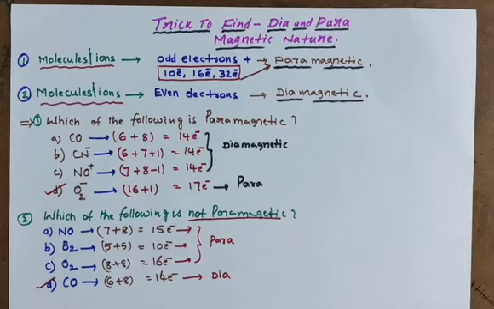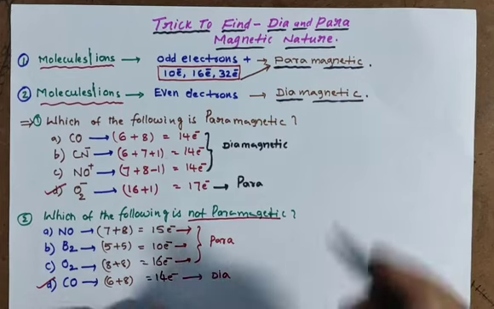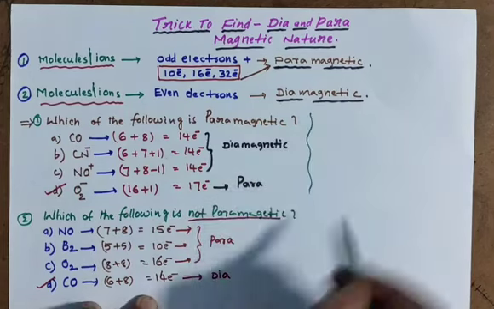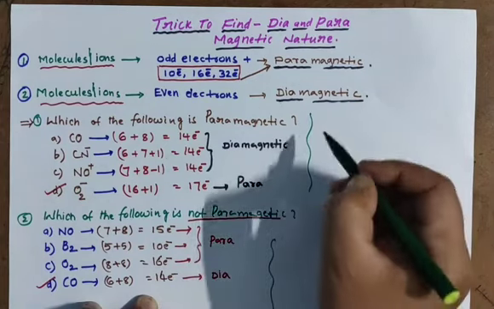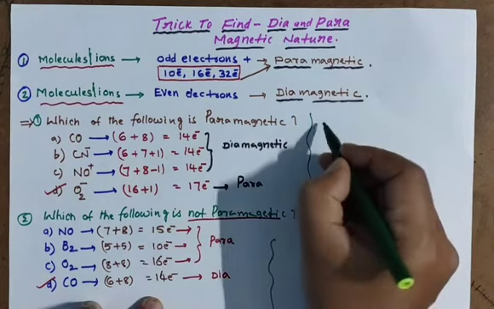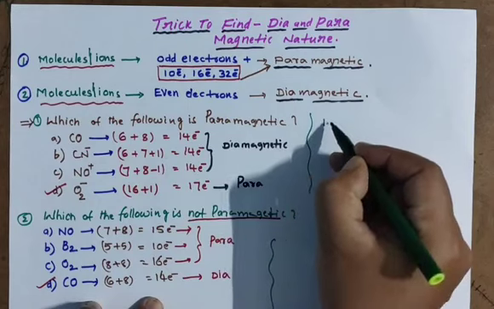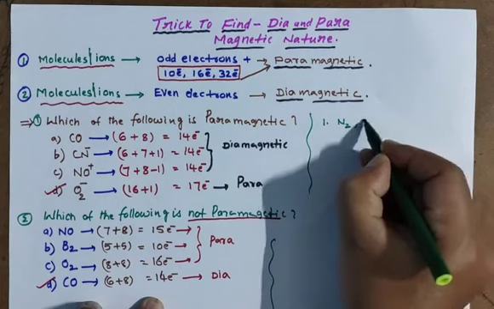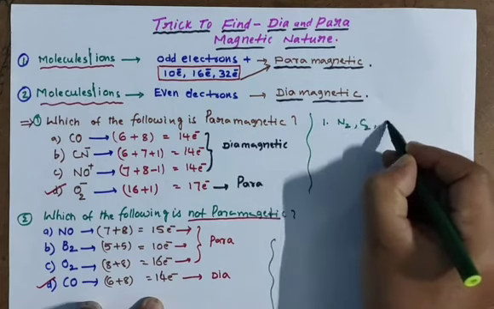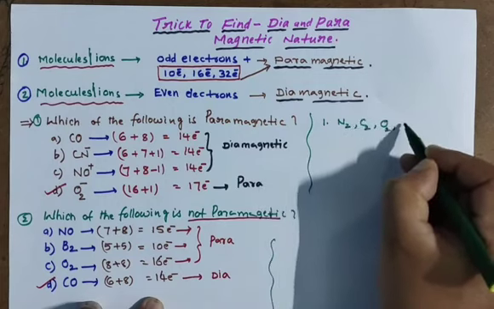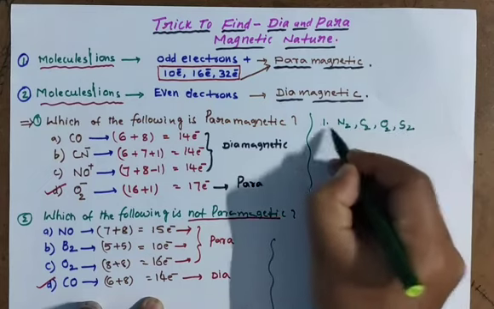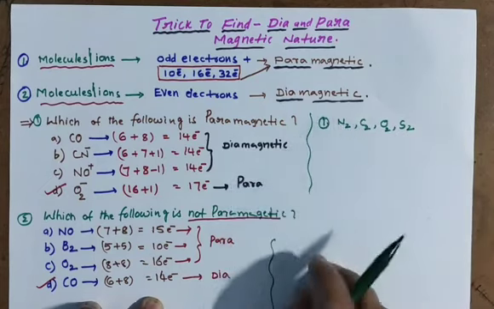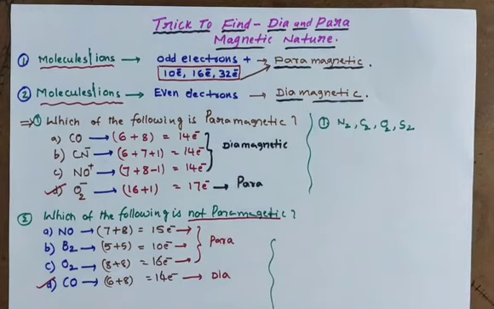Like this, you can do any question with least effort. For a practice session I am giving here, you practice this for your betterment. Here I am giving N2, C2, O2 and S2, and you find which is para and which is dia.